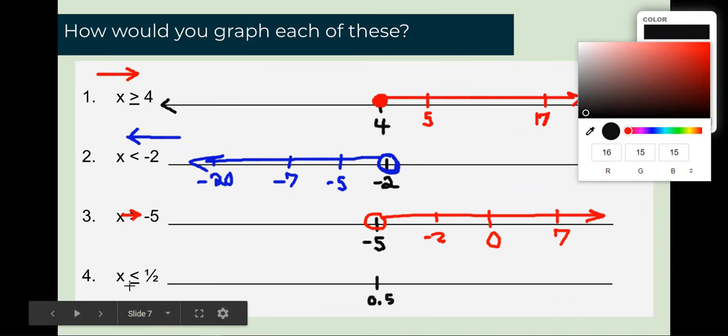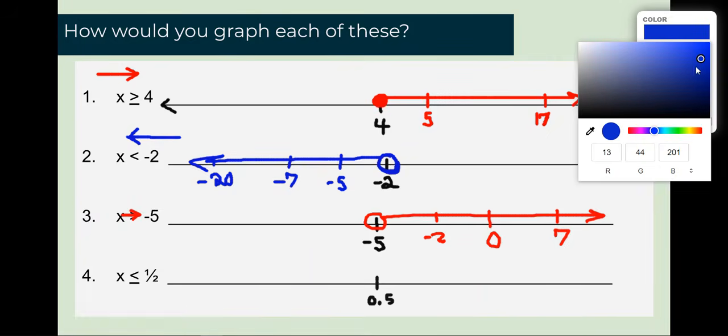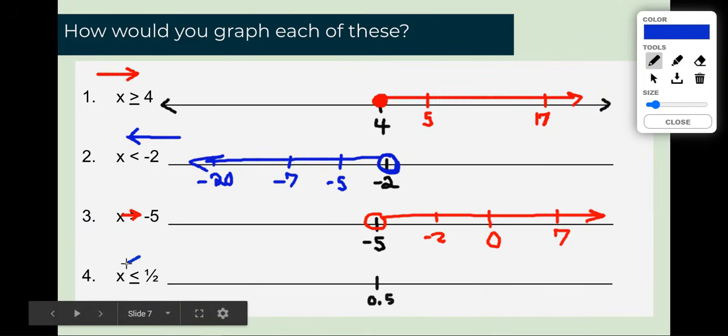It's going to be a closed circle because it's less than or equal to. So our arrow is going to be pointing down the number line, and it'll include 1/2 itself, so the number 1/2 is included, and all of the numbers below 1/2, like 0, negative 5.